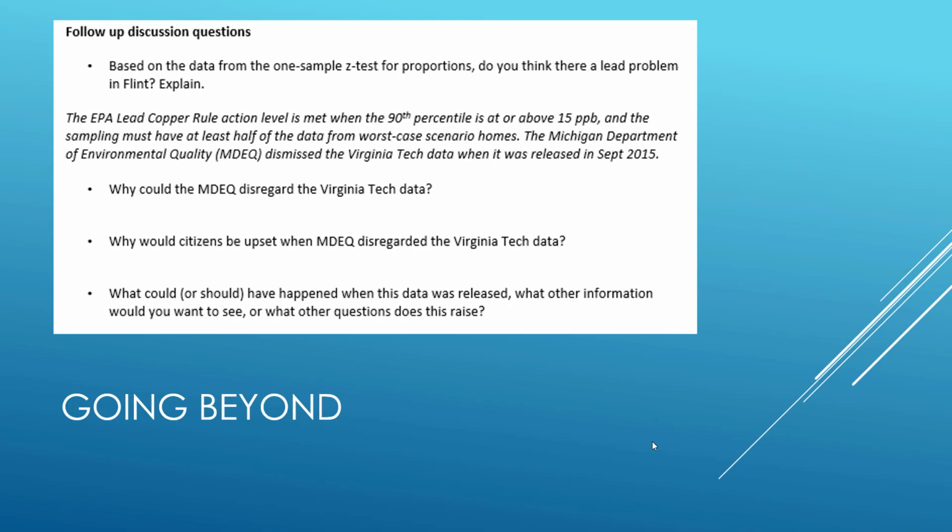Yes, when you create a government and a bureaucracy, sometimes you have rules. And if the action level says one thing, which is 10% of homes at or above, but the sample must have at least half the data from worst case scenario homes, and Mark Edwards didn't do that, then people can say you didn't meet the requirements of the EPA.